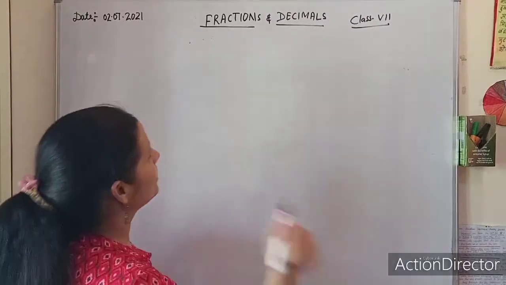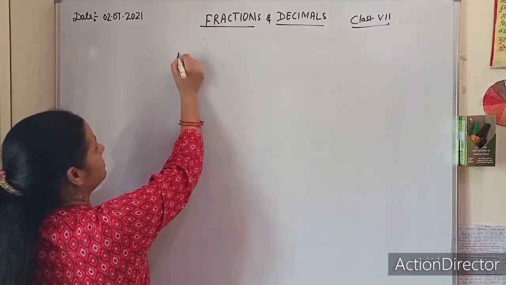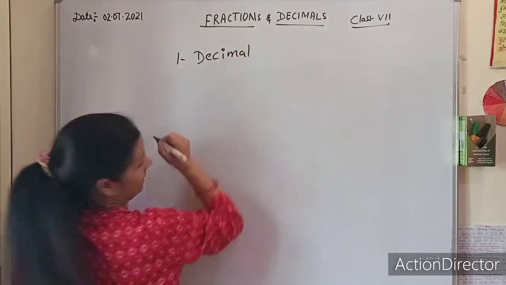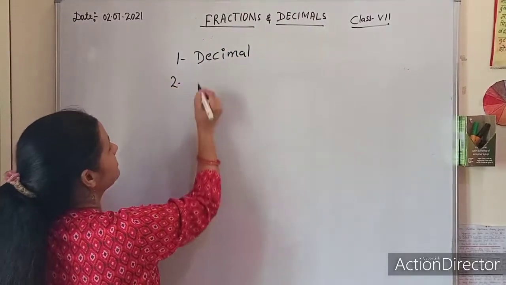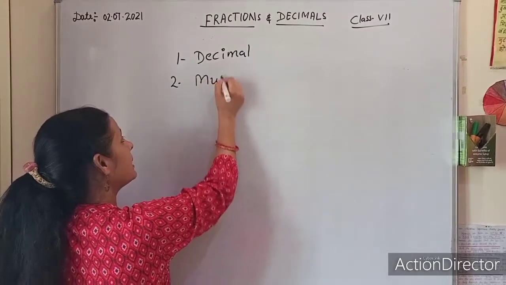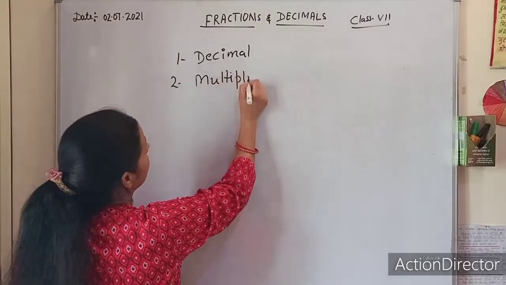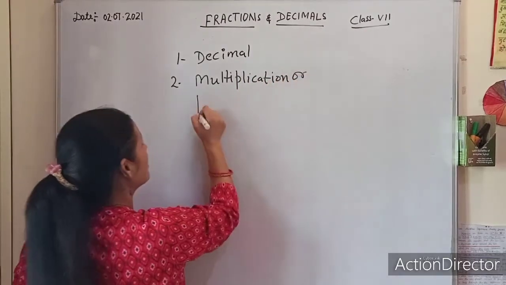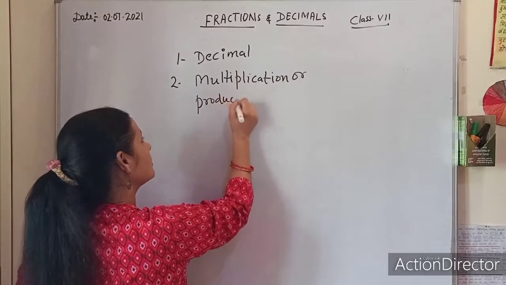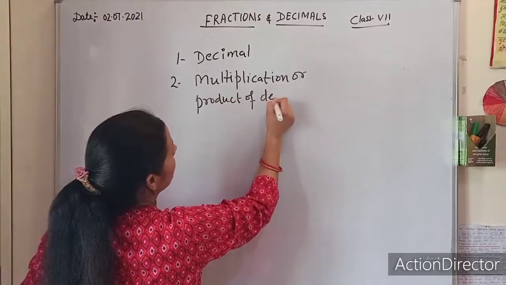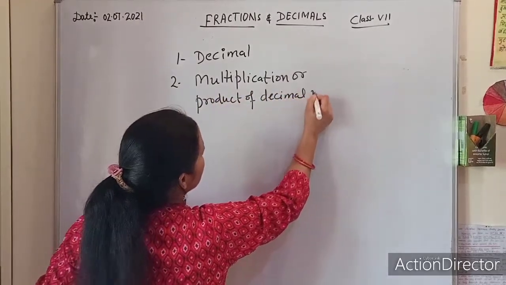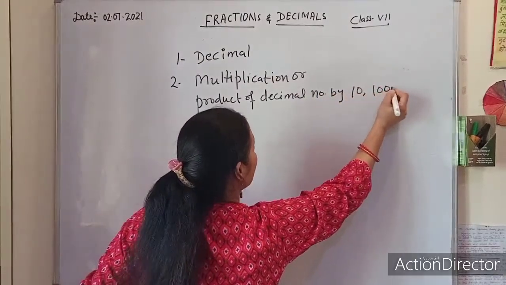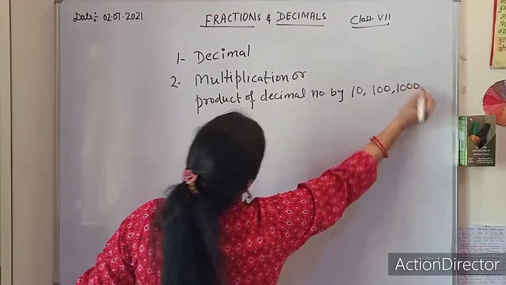Alright, so what are we going to learn today? First, we will understand what decimal means. Second, multiplication or product of decimal numbers by 10, 100 and 1000.